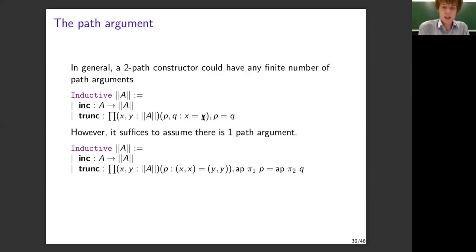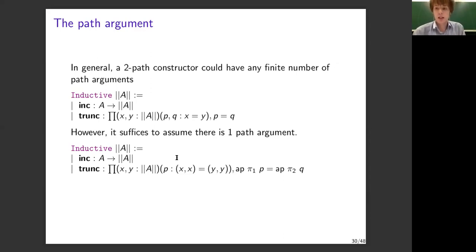However, with a trick, you can restrict yourself to a simpler case, namely where there's only one path argument. That is because you can rewrite this higher inductive type as follows. Instead of assuming that you have PQ of type X equals Y, you only assume you have P of type (X, X) equals (Y, Y).